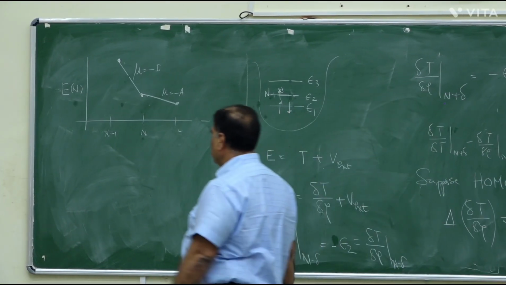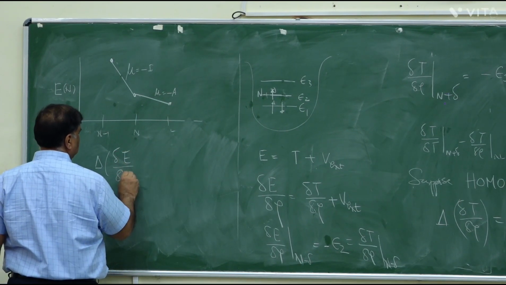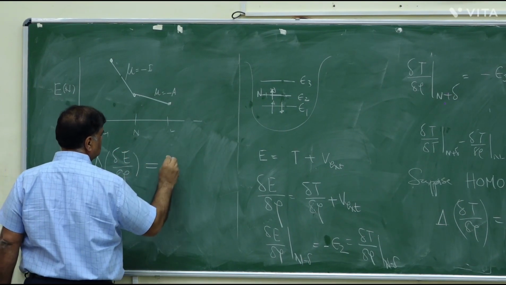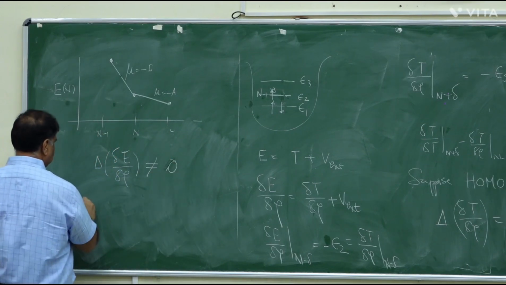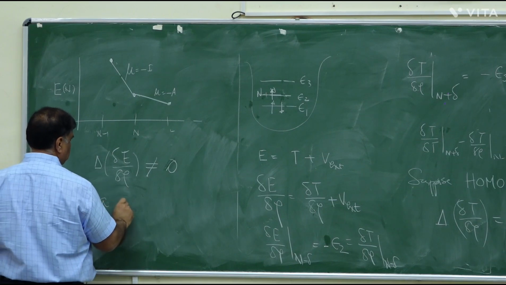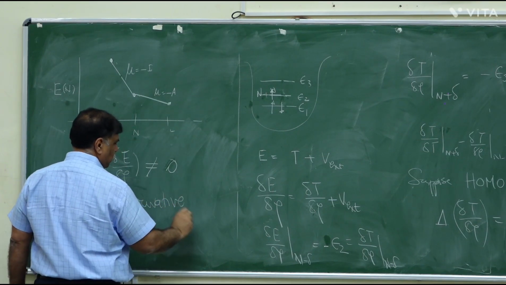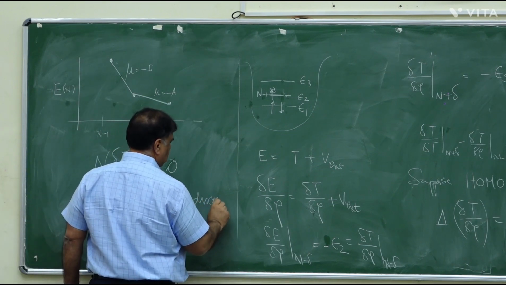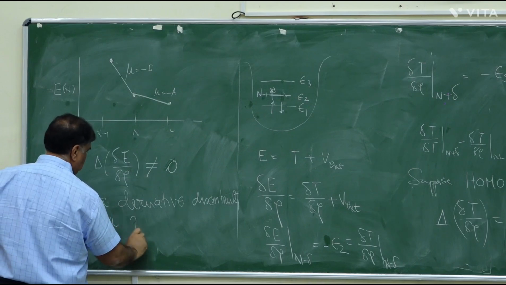So even in the case of an interacting system, now I know that delta E, delta rho is equal to some change, right? Non-zero. This implies a derivative discontinuity in V_xc.